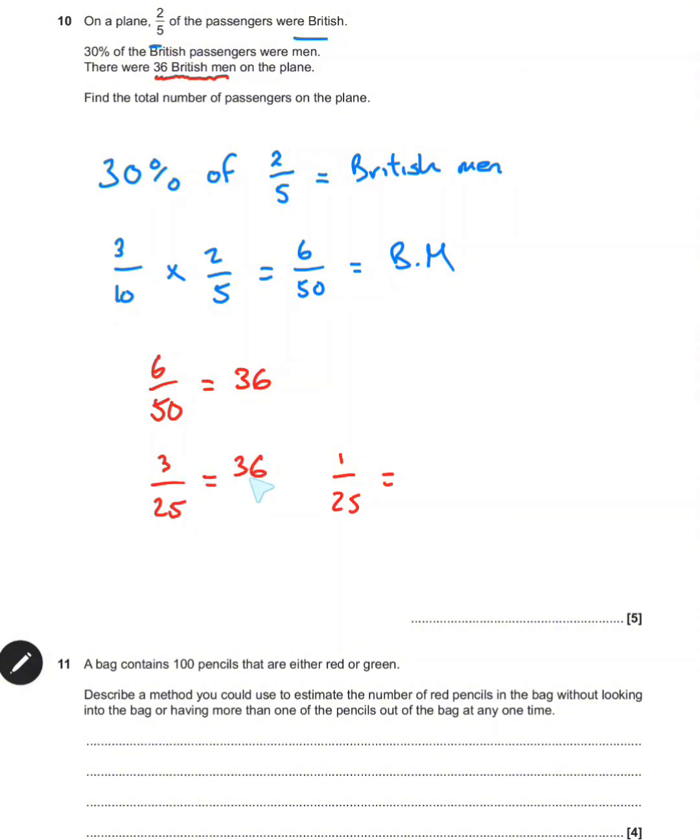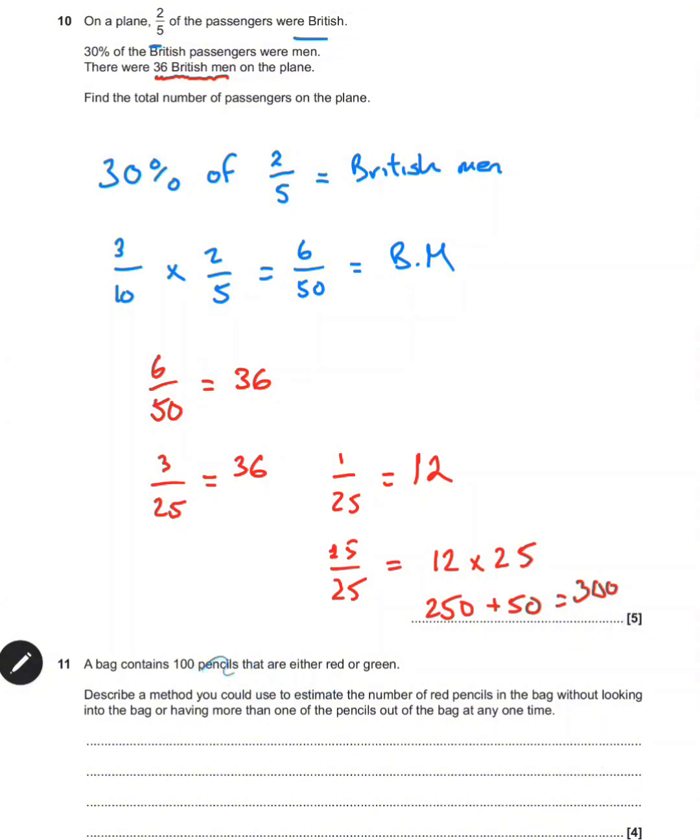If 3/25ths is 36, 1/25th must be 12. And if I know 1/25th, I can work out 25 25ths. I just need to do 25 times 12. Well, 10 times 25 is 250. And 2 times 25 is 50. And if you add those together, you get 12 25s, which is 300.